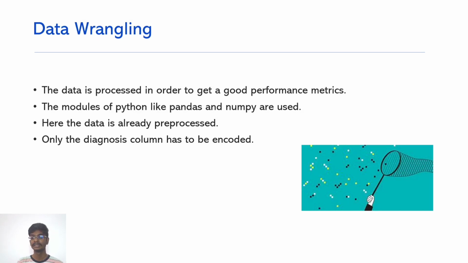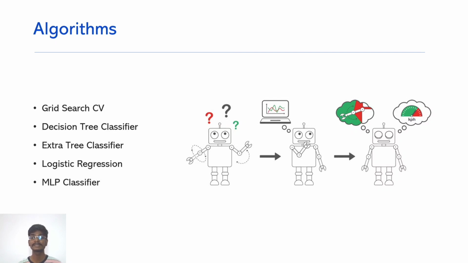Okay. Then the algorithms that I have used, to find the best algorithm out of the 4 algorithms. First I implemented GridSearchCV. This GridSearchCV is capable of evaluating each of these 4 models: the decision tree classifier, extra tree classifier, logistic regression, and MLP classifier.